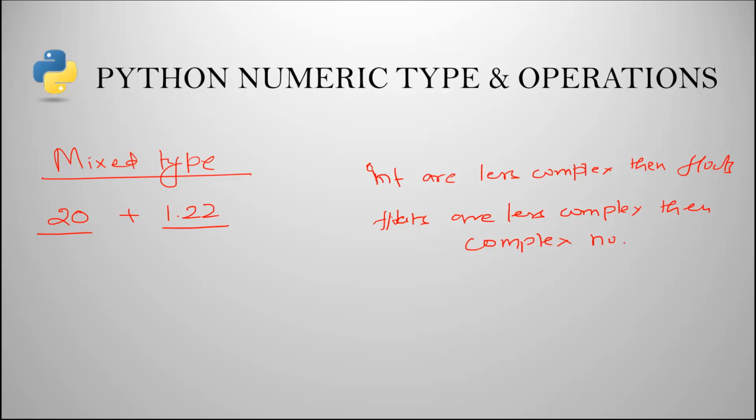Also keep in mind that all these mixed type conversions apply only when mixing numeric types, for example, an integer and a floating point in an expression, including those using numeric and comparison operators.